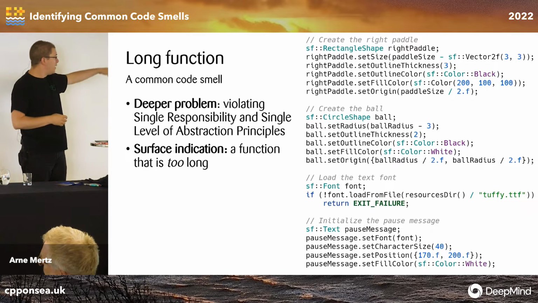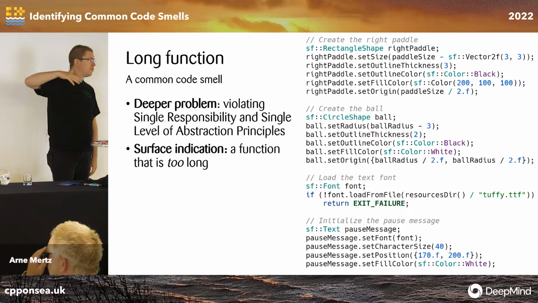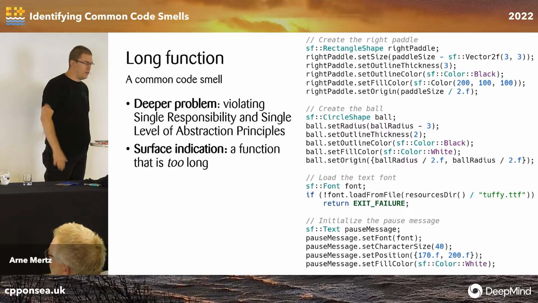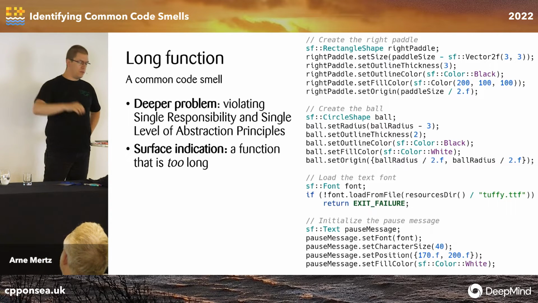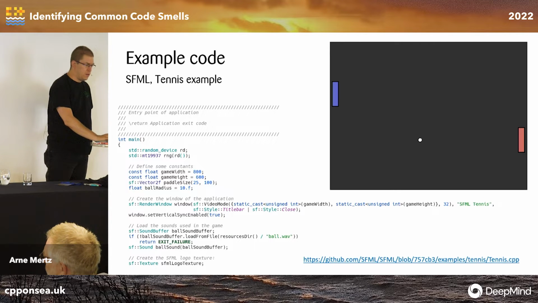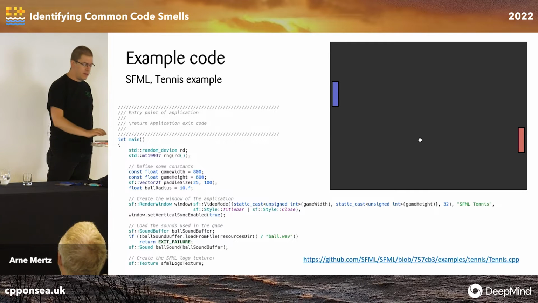What you see here on the right is part of the first lines in the function where objects are initialized for this game. So you see a rectangle shape that is the right pedal, the red one on the side there.